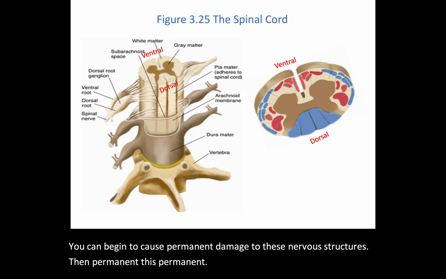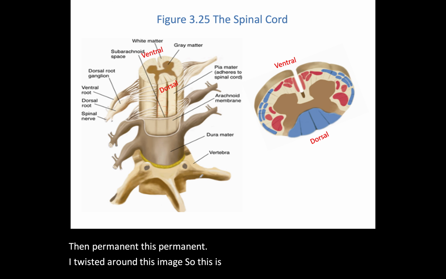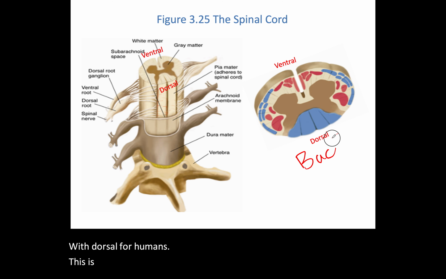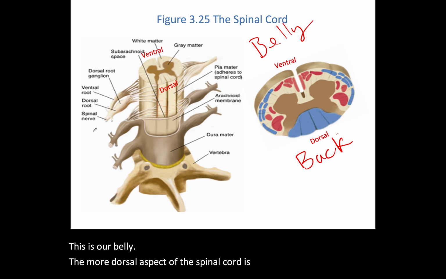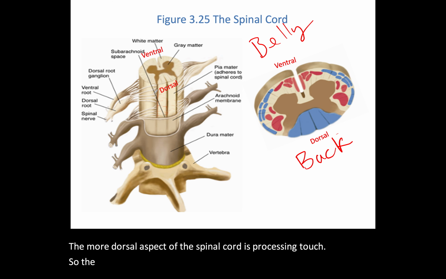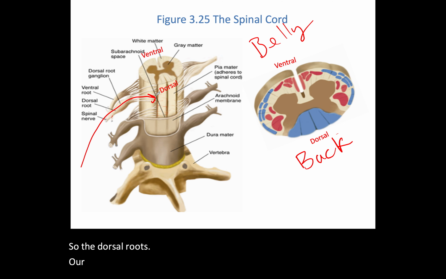I twisted around this image. So this is the dorsal aspect. What's dorsal for humans? This is our back. This is our belly. The more dorsal aspect of the spinal cord is processing touch. So the dorsal roots are incoming and right up the spinal cord up to the brain.